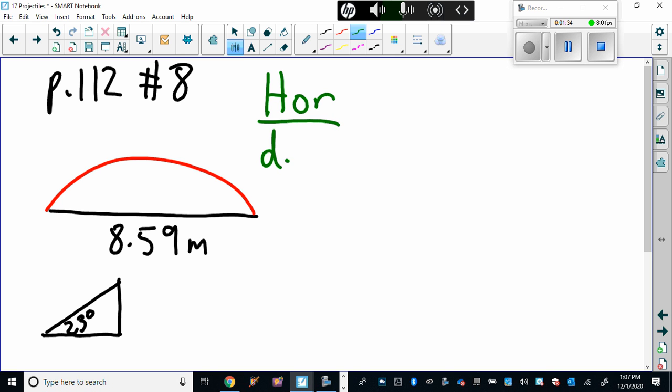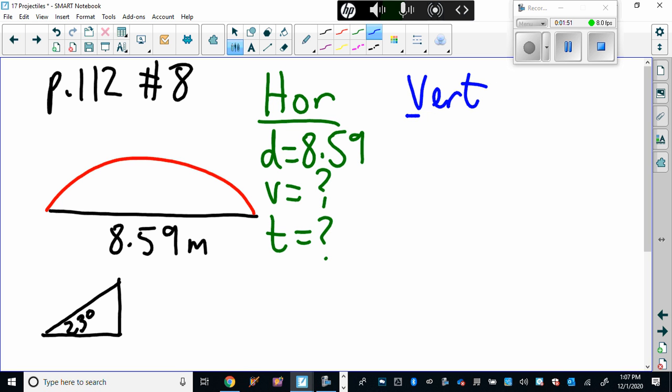Horizontally, we have the displacement. Do we have the velocity? No, we don't. Do we have the time? No, we don't. So horizontally, we're kind of stuck. Vertically, what do we have? Do we have the initial velocity?